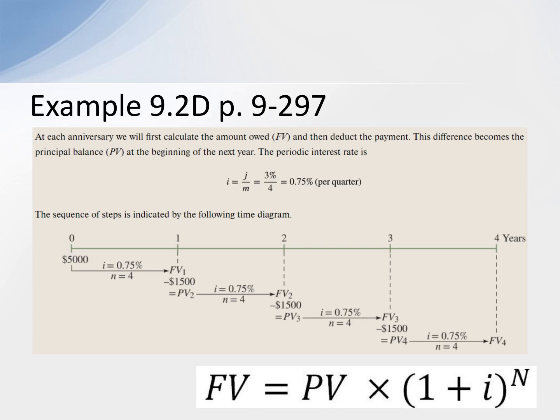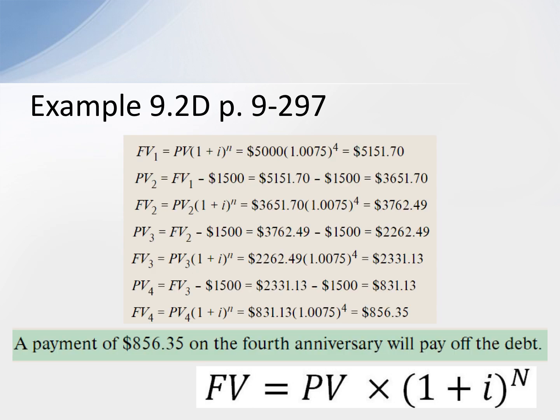Here you can see the example of a timeline where we're showing what's happening over the course of those 4 years, right? With the 3 payments down and with the FV becoming the PV of the next segment. Here you can see the calculations, or after the first year there's a value of $5,151.70, a payment of $1,500.